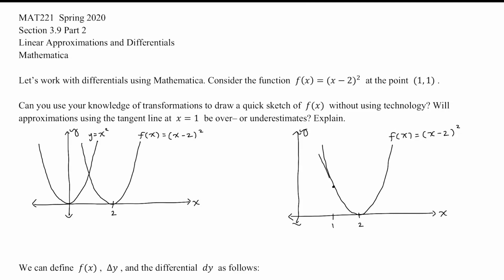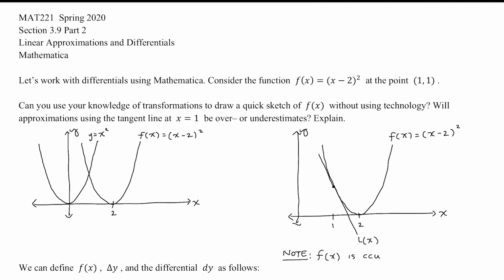And here's x equals 1, so my drawing, again, is not quite to scale, but you'll forgive me, I hope. And here's my tangent line that I'm going to use to estimate values on f of x. Since the tangent line lies below the function f, that means my linear approximations are going to be underestimates.